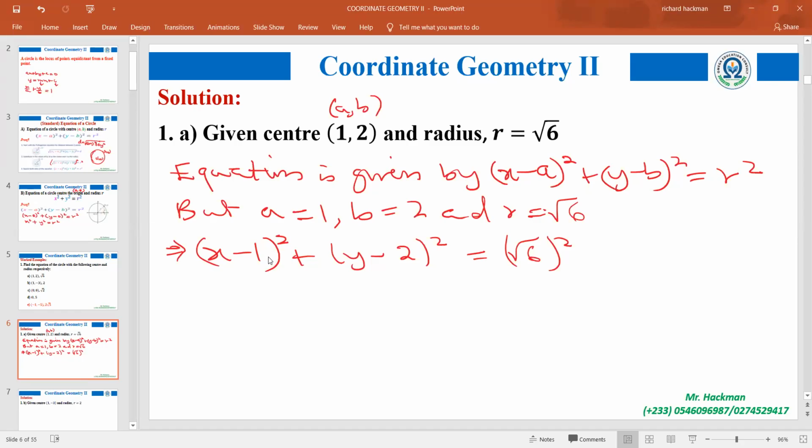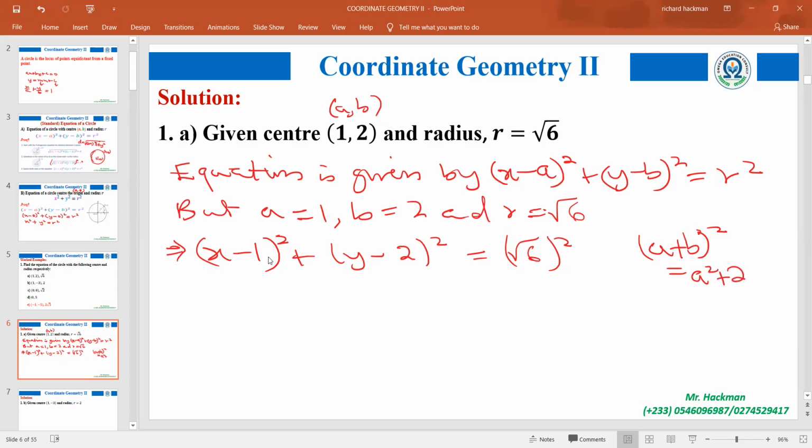Now, if you remember in Form 1, you were taught how to expand a binomial squared. If you have A plus B all squared, you were told that the identity will be equal to what? A squared, plus, help me.